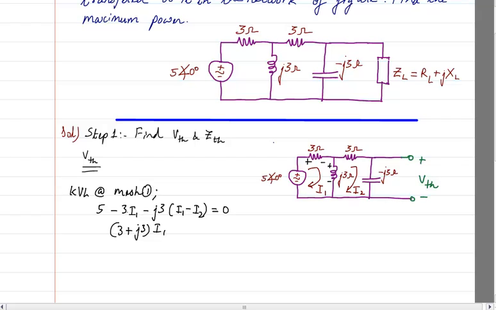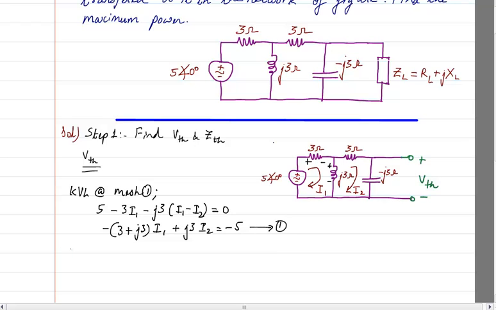You might be thinking, where is the minus gone? I have taken the minus to the other side. Okay, let me write it like this for the time being: minus (3 plus j3), so I have put the minus outside the bracket, I1 plus j3 I2 is equal to minus 5. Okay, let this be my equation 1.